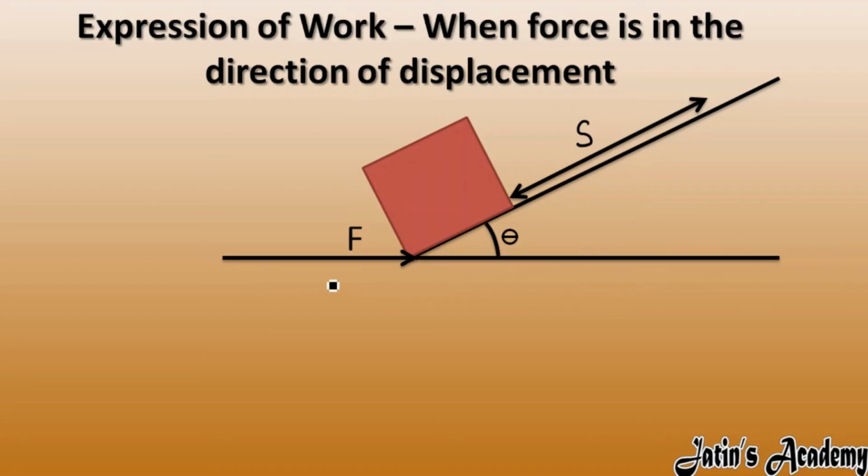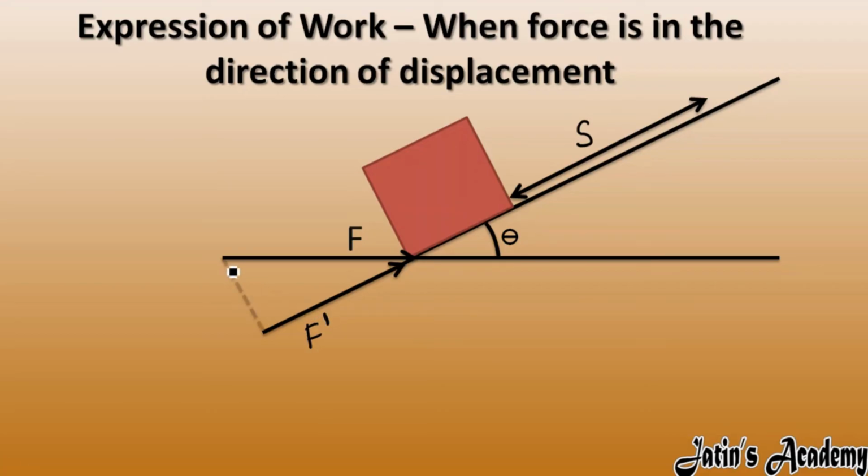Carefully see, this angle is theta. So this is the force which I am taking in the direction of displacement. I am not taking the component of displacement now. I am taking the component of force in the direction of displacement. Now this force and this displacement occur in the same direction. F dash I am taking here.